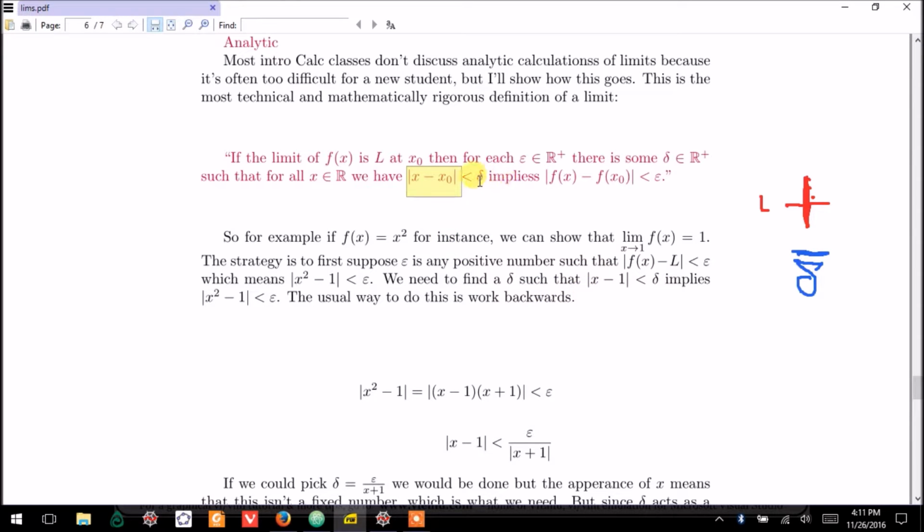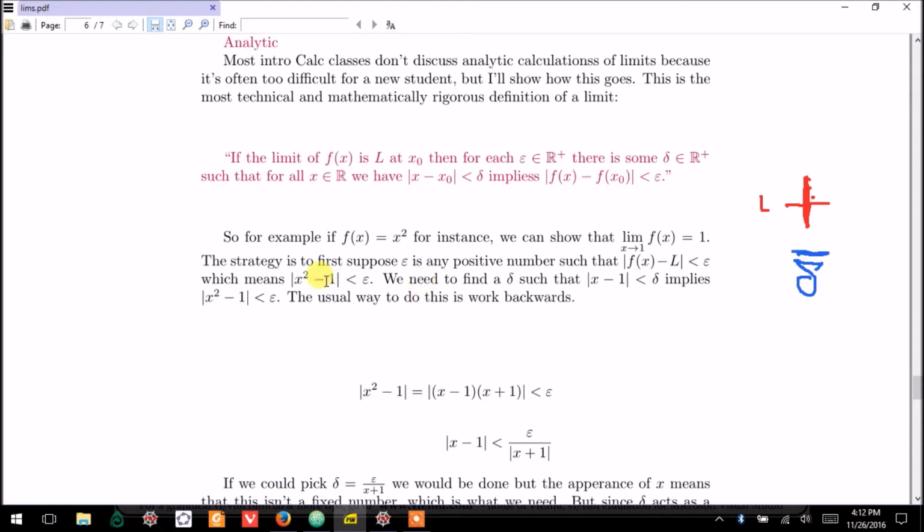If I could do that, then maybe it'll give me a good, easy way of choosing my delta to make everything work, right? So I assume that epsilon is anything, and my task right now is to find the corresponding delta that would make everything work. So if I substitute into this expression the f of x value and the L value, I get this.